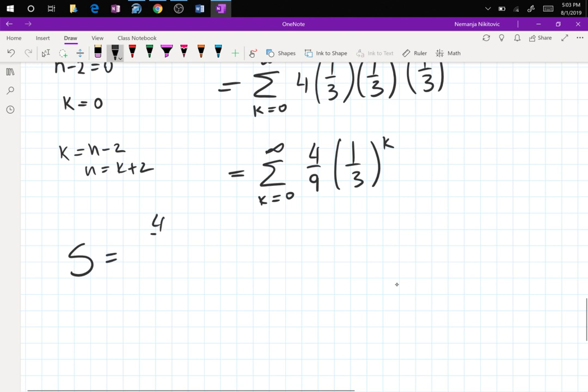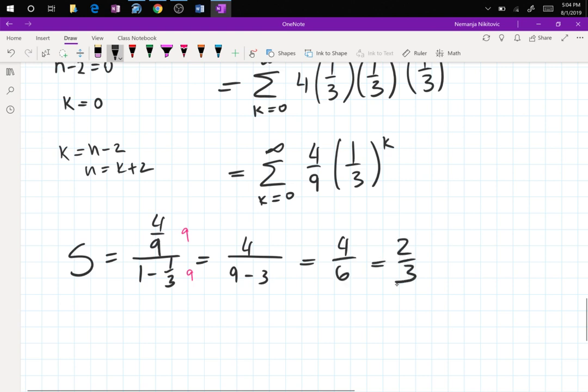It is 4 over 9 divided by 1 minus 1/3. Multiply by 9 to get 4 divided by 9 minus 3. 4 divided by 6, 2/3. When you add infinitely many numbers in that series, they will all add to 2/3.